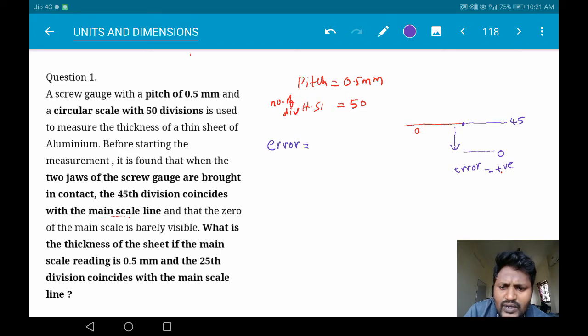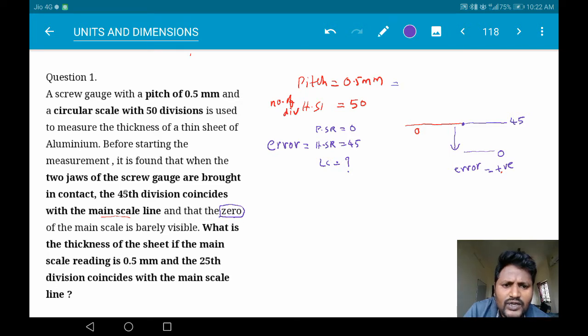So error is equal to, which part of the pitch scale is clearly visible? The 0 of the main scale is clearly visible. That means pitch scale reading is 0. And which division is coinciding? 45. Before going to find out this error, we should know the value of least count. Without knowing the least count, we cannot find out the error in the instrument, and we cannot find out the reading of the device.